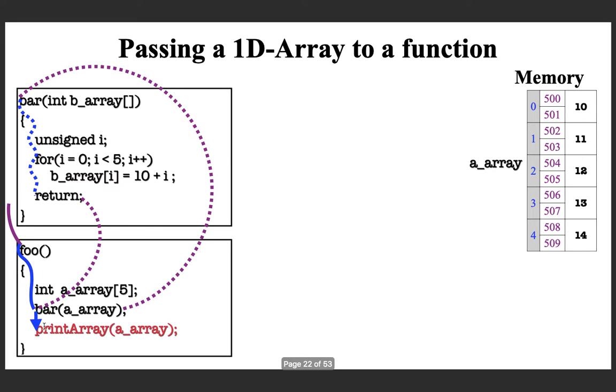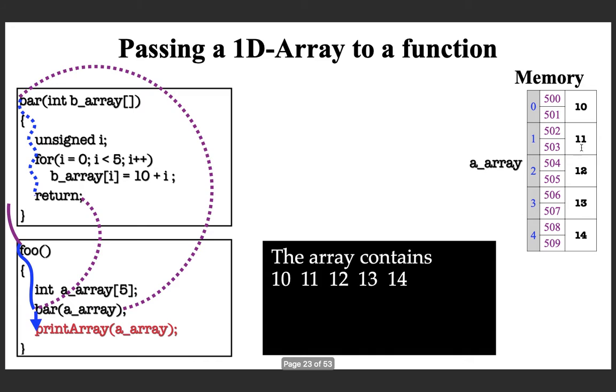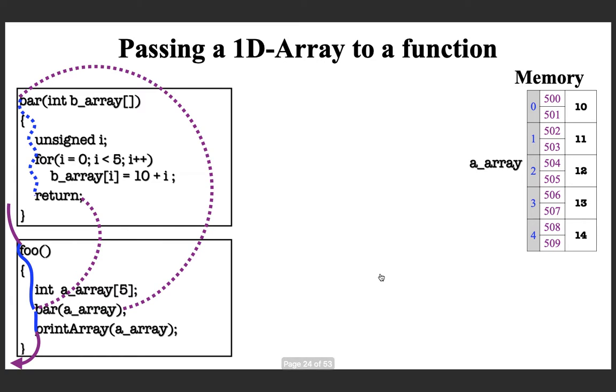Now it progresses to this statement, and if you print the array, you will get these array values printed. So with this example, I think you got how function calls execute and arrays are passed. This is called pass by reference. The address of the data object is passed on to the called function. Now the function returns to the point where foo was called.